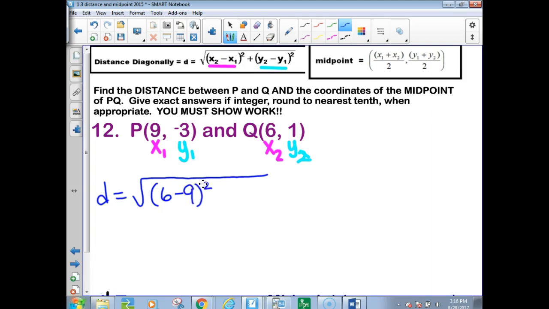Parenthesis squared, plus, parenthesis. I'm going to put in my y2. It's a 1. I'm going to write subtract. Then I'm going to see what my y1 is. It is a negative 3. I need to put in the negative 3, and remember that I'm subtracting. So this is what it looks like plugged into the formula.